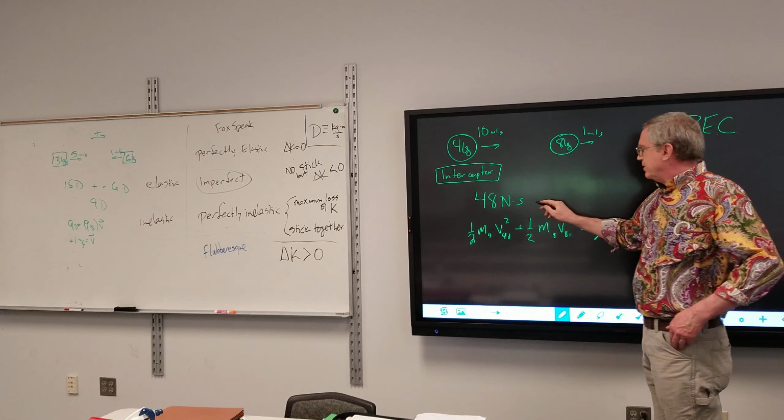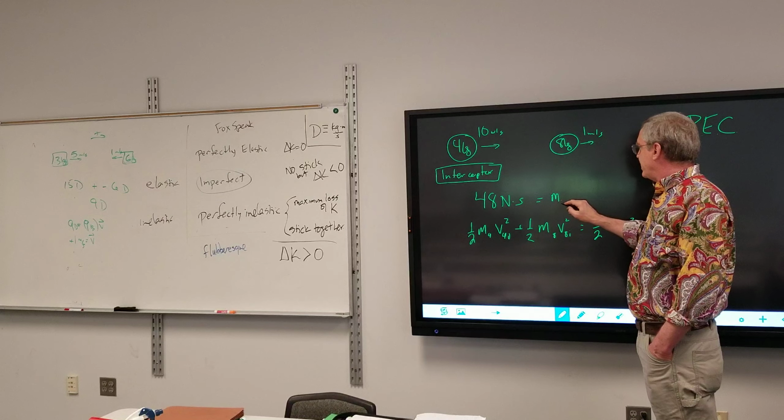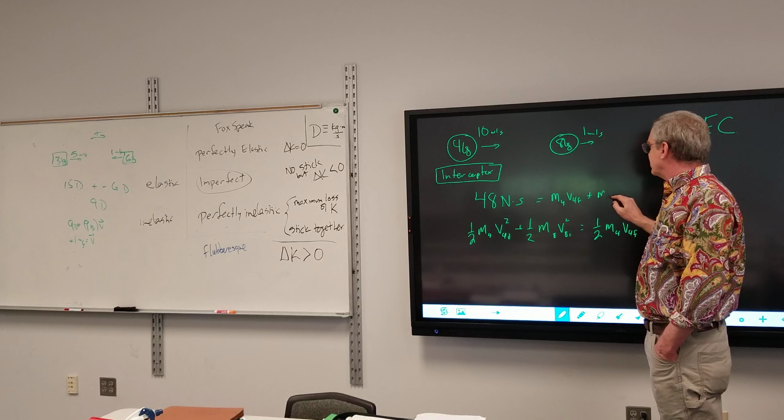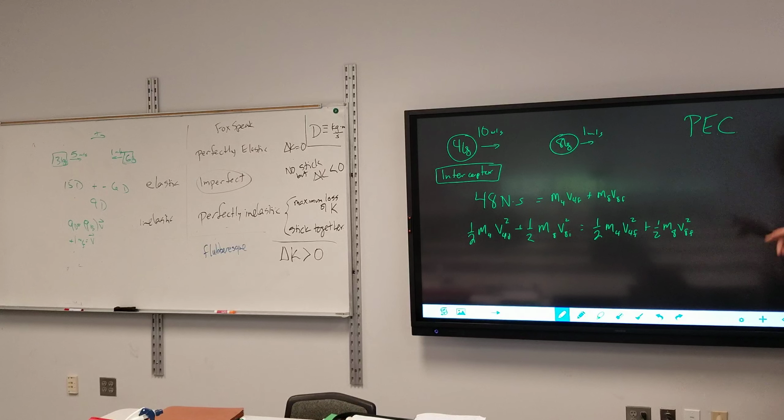And I know that the 48 Newton seconds is going to be equal to mass of 4 times v4 final plus mass of 8 times v8 final. I know the masses, I know the initial speeds. I have 2 equations, 2 unknowns. This should be mathematically solvable.